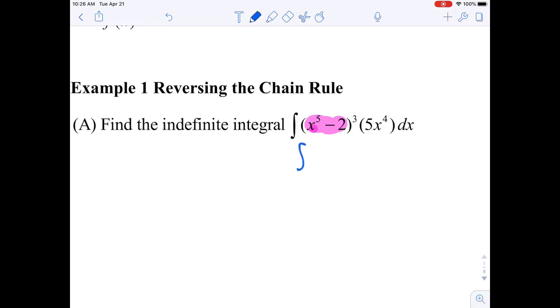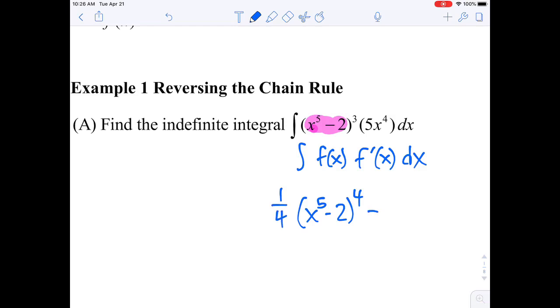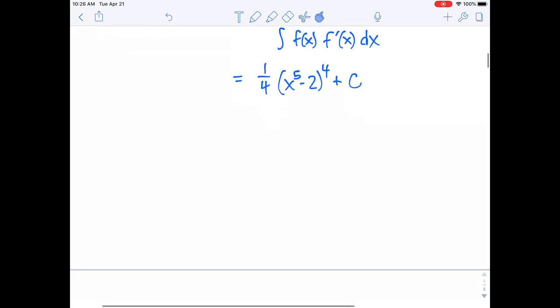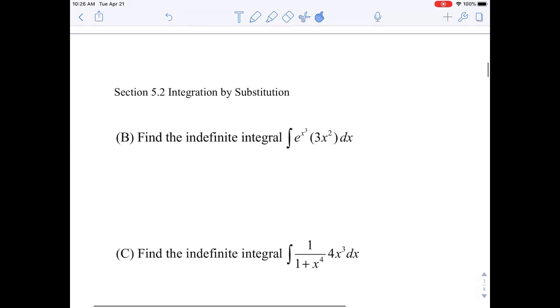So this is an integral of f of x, f prime of x, dx. So we can just add 1 and make sure we divide. So looking at this, our function and the derivative of our exponent is 3x squared.